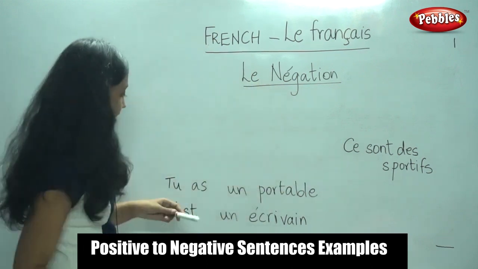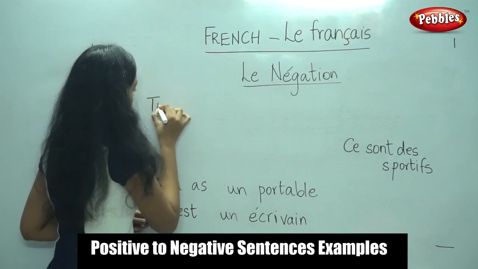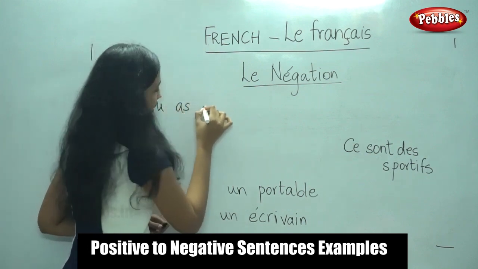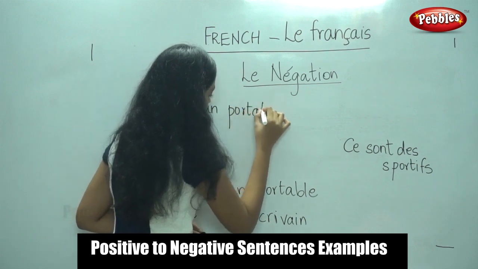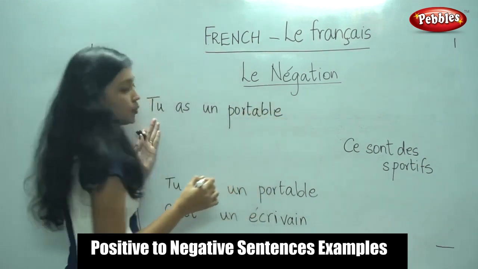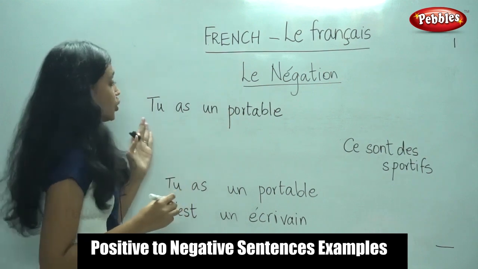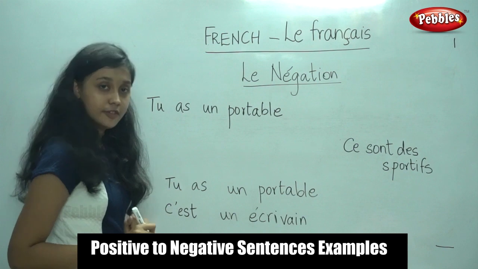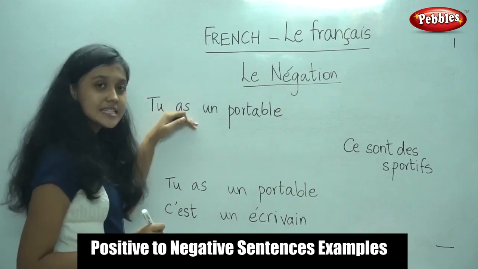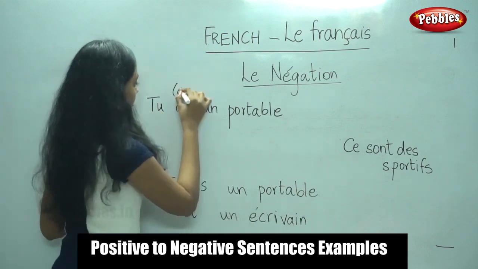Let us take this sentence. Tu as un portable. So first we read the sentence, then we identify the verb. In this case, it is the avoir verb.